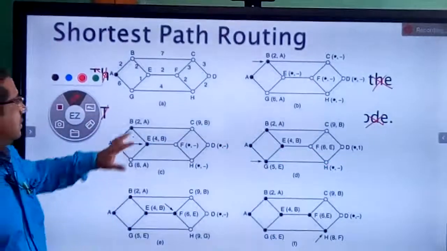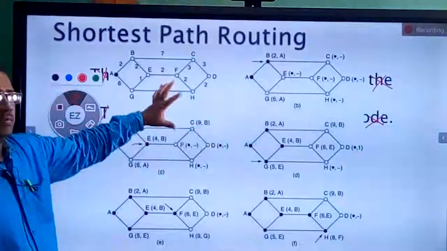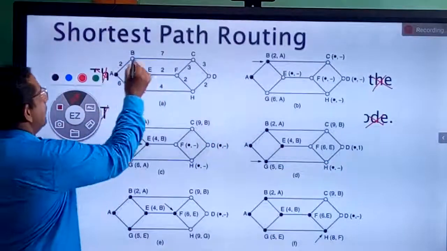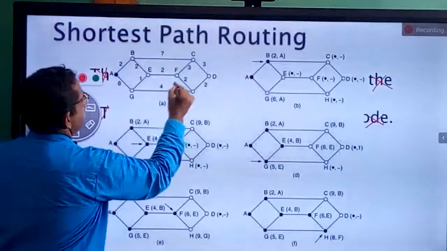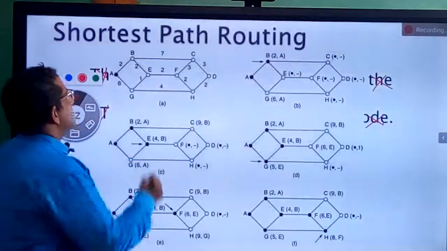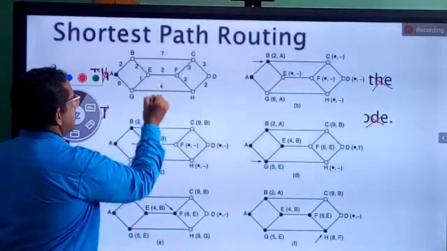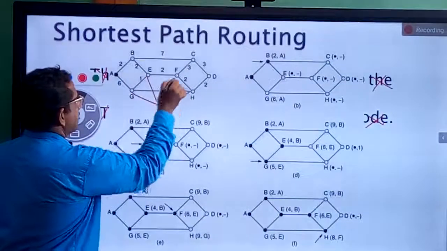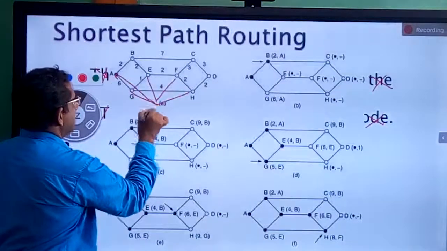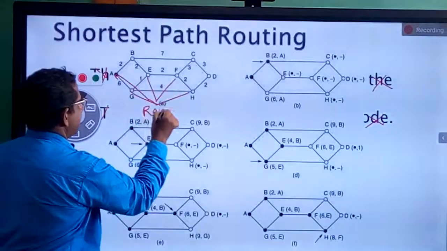Just only consider the nodes here as node A, node B, node E, node G, C, F, D and H. And these circles are considered as routers. Now imagine that all these circles are nothing but the routers.